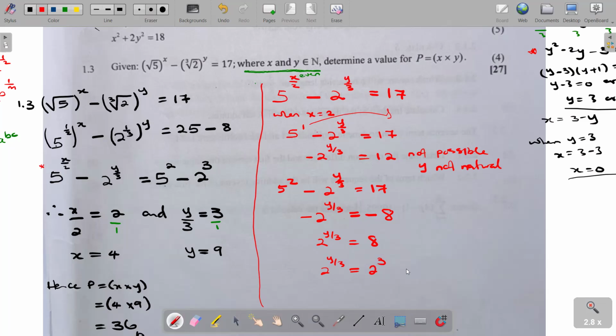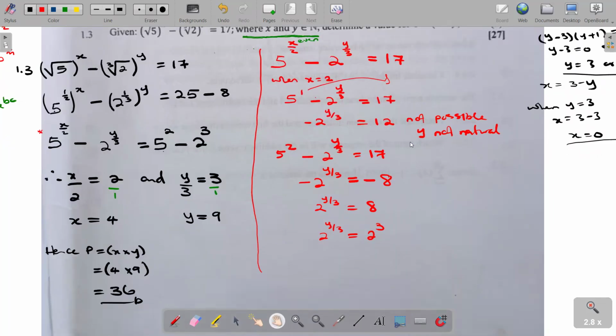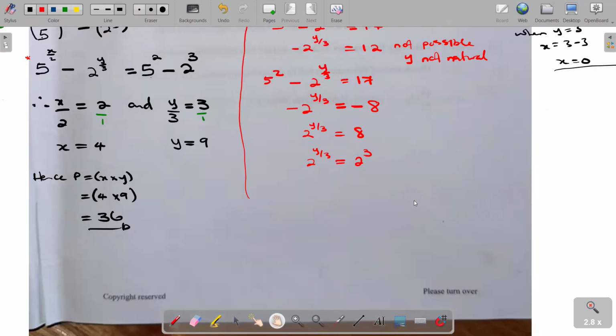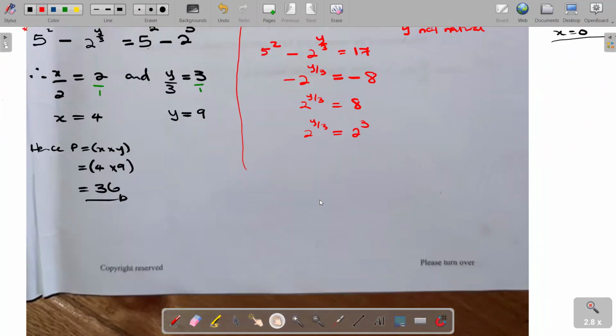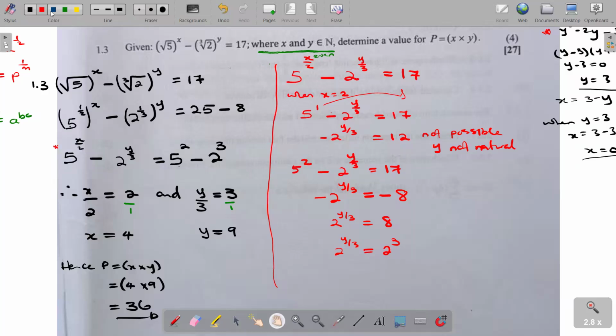From there, we can now take note here. We highlighted when x is equal to 4. So here we are left with y over 3 equal to 3.